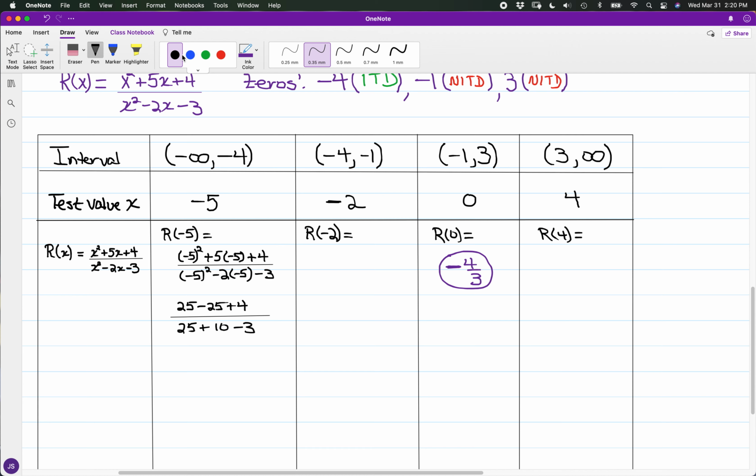So 25 minus 25 plus 4 is 4, and 25 plus 10 is 35 minus 3 is 32. So for this ratio, that reduces to positive 1/8.